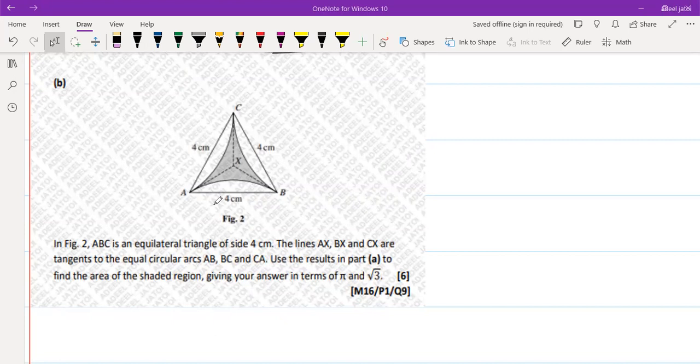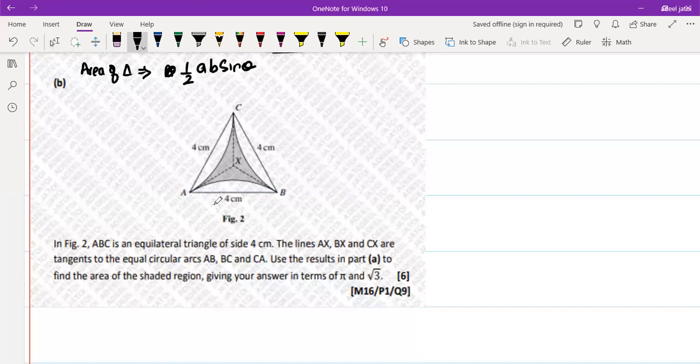The area of the triangle formula is half AB sine theta.